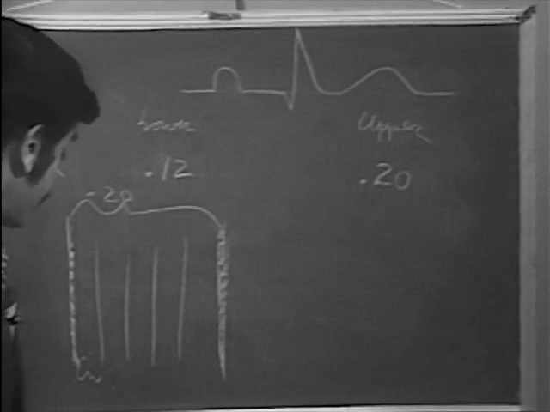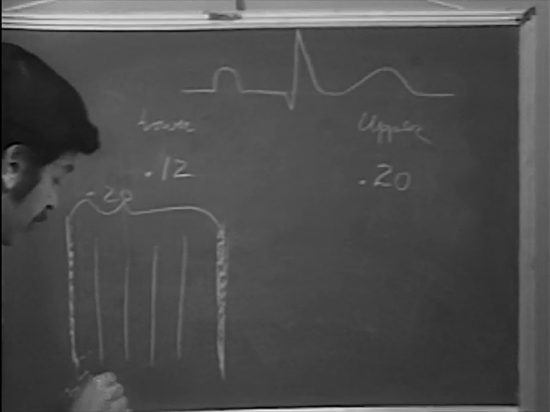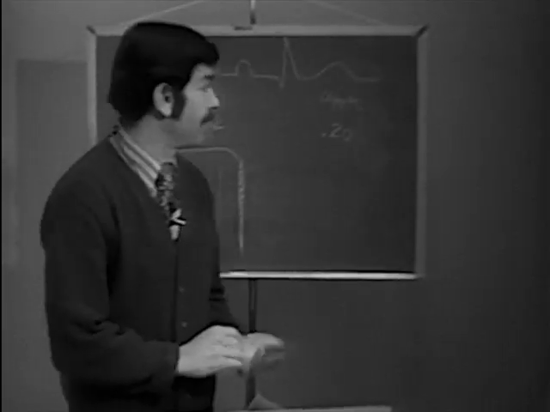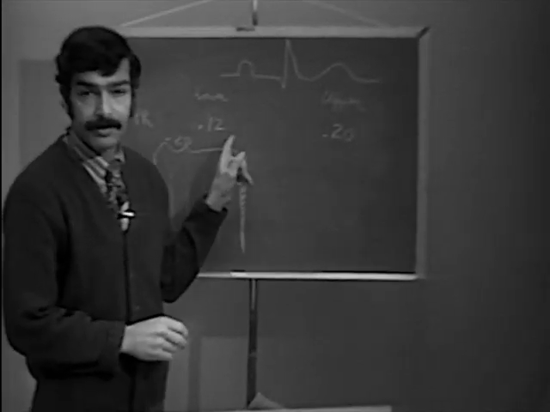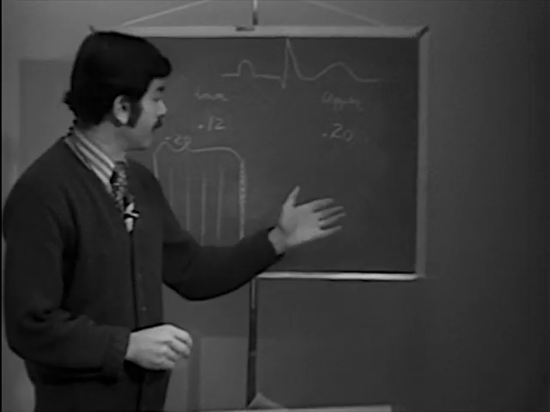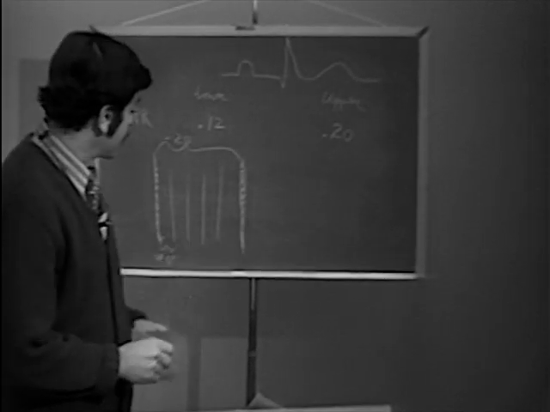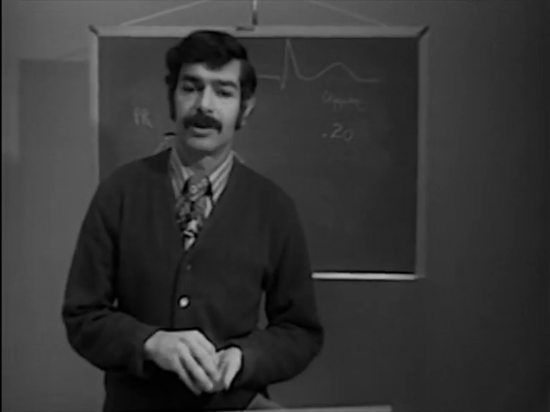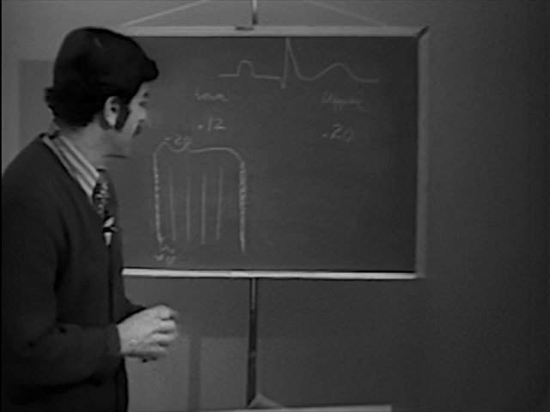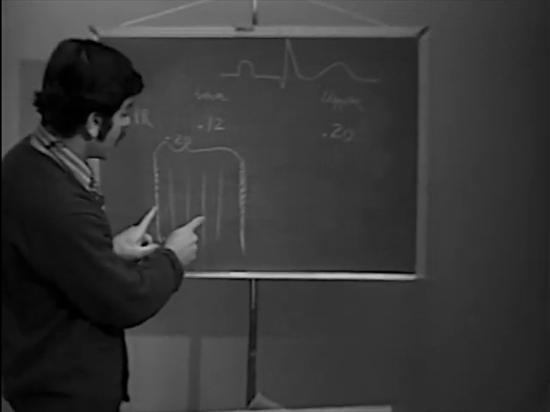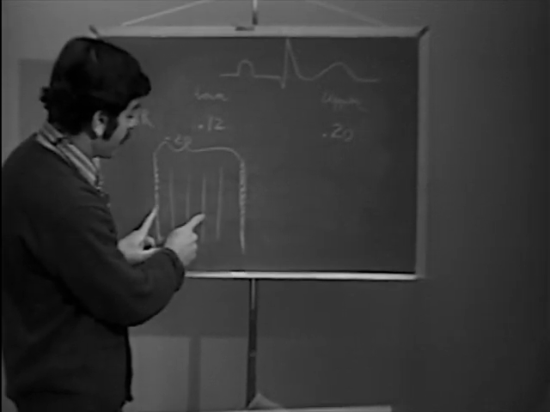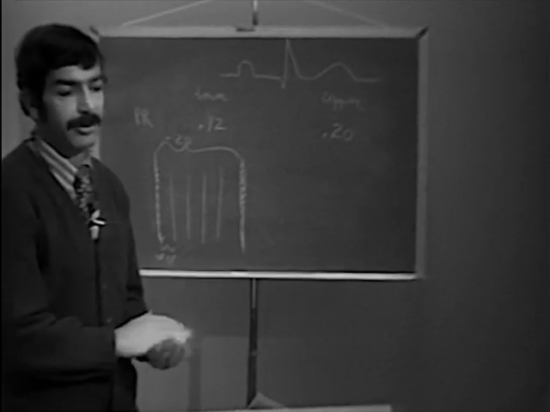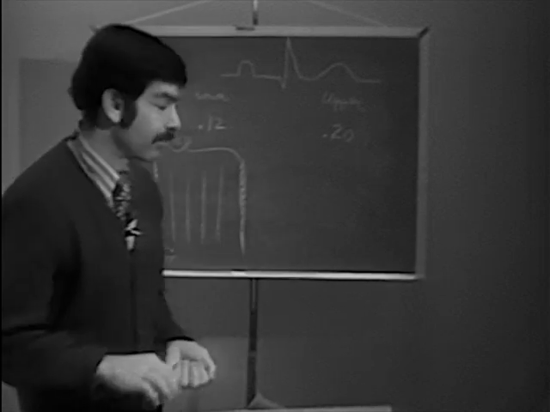It would be obviously 0.04 seconds. 0.04 times 5 would be 0.20 seconds. Now, if we think of these intervals in terms of boxes rather than just numbers, then we might have a visual way of helping to remember what these are. So if we think that the lower limit of normal of the PR interval is 3 little boxes, and the upper limit is 5 little boxes, this might be a way that will help you to remember those numbers a little bit better.